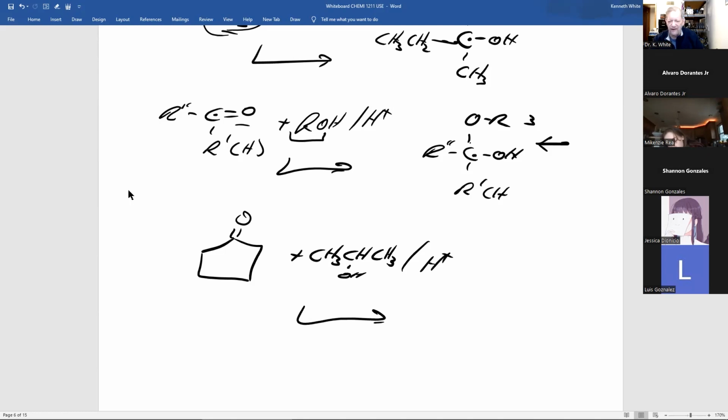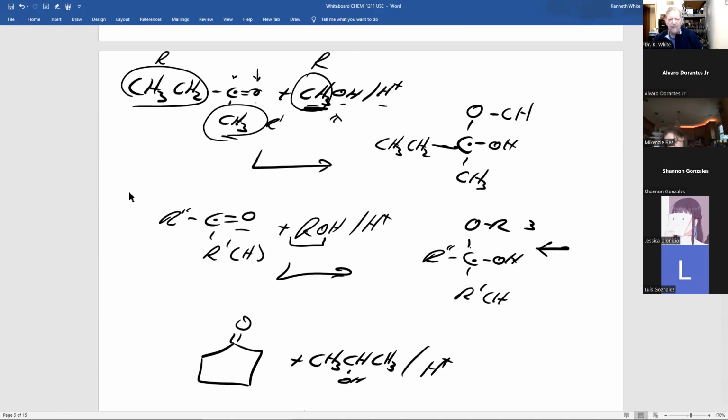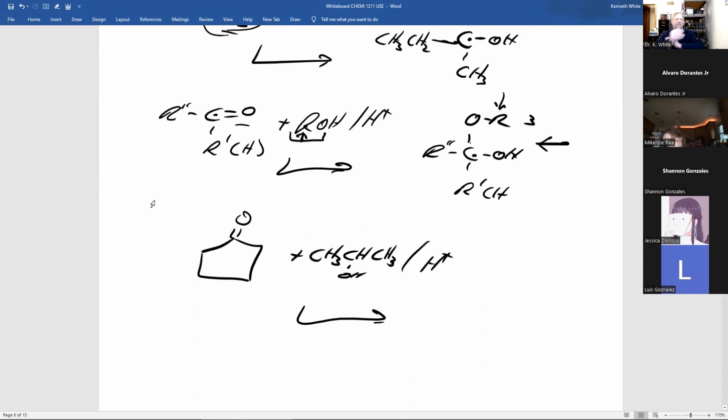Now, I should mention the carbon with the hydroxyl group in the alcohol, this carbon is the same carbon in this R in the product that has the oxygen on it. All right, your turn. This one's a little trickier, but let's see if you're up to the challenge.